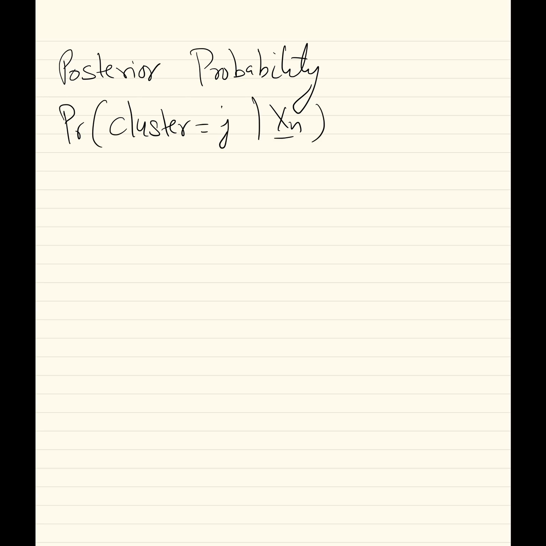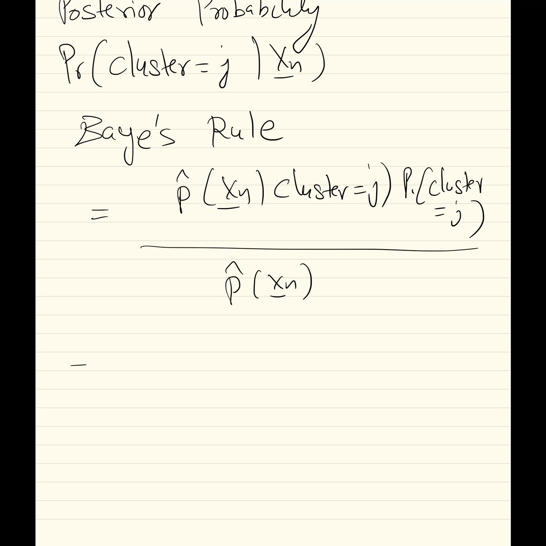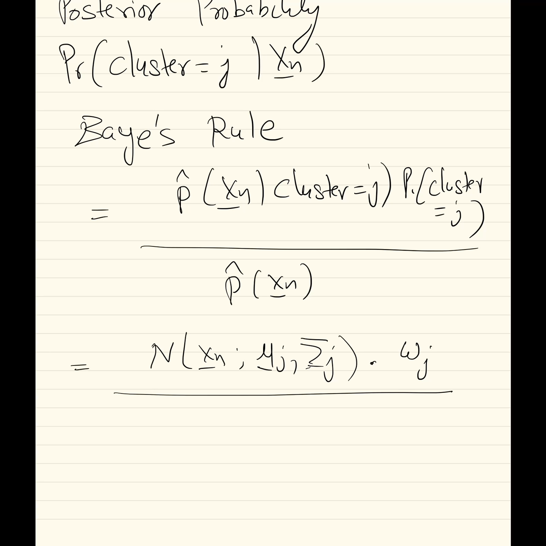So this can be computed from Bayes' rule. It is p hat of xn given the cluster is j, times the probability that the cluster is j, divided by p hat of xn. The numerator is known, since the model parameters are given: it is p hat of xn given mu j, sigma j, which is just that Gaussian times wj, divided by p hat of xn.